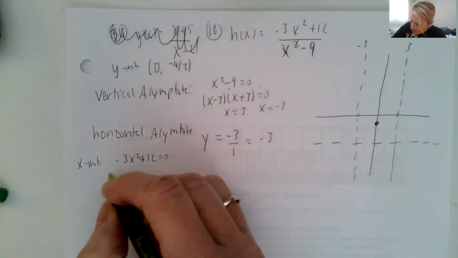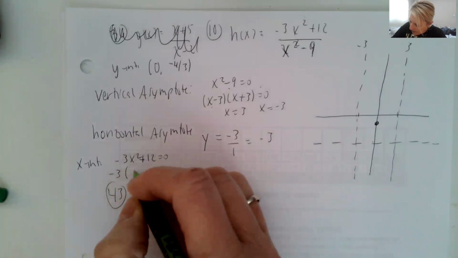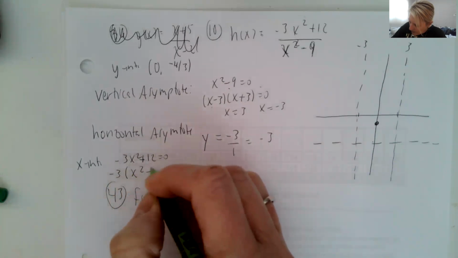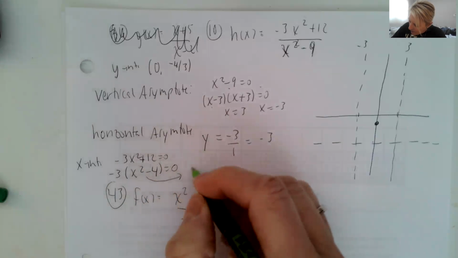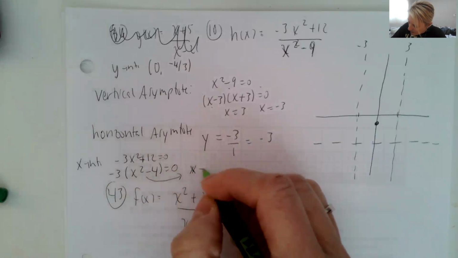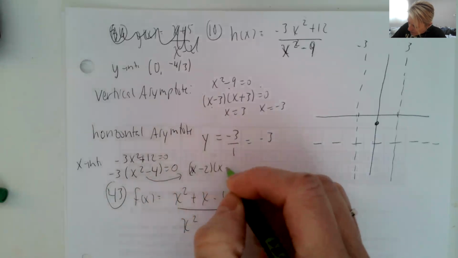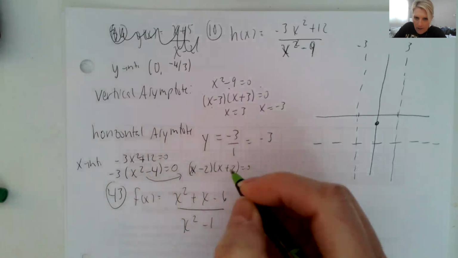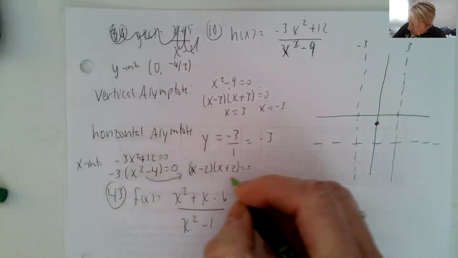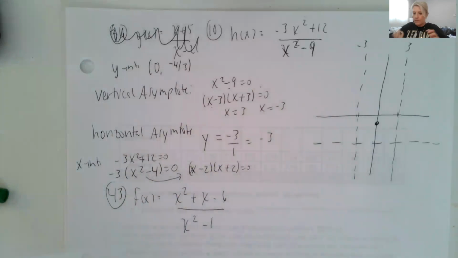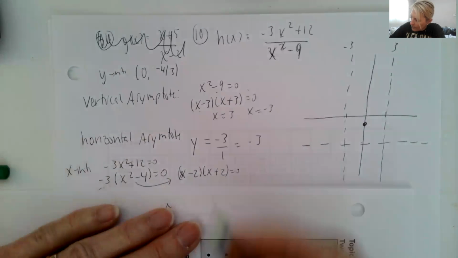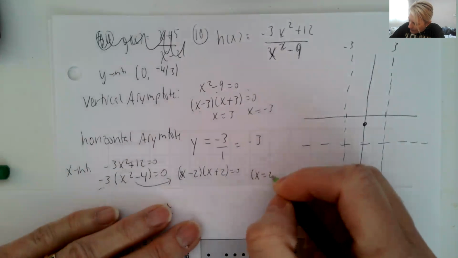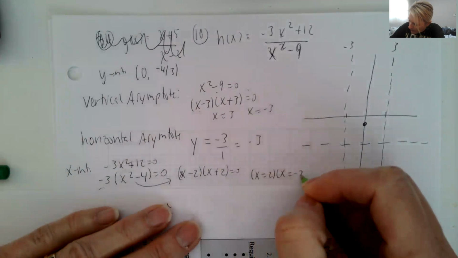I'm going to factor out a -3, and we have x squared minus 4 equals 0. And so that factors into x minus 2, x plus 2 equals 0. So the x-intercepts are zeros at x equals 2 and x equals -2.